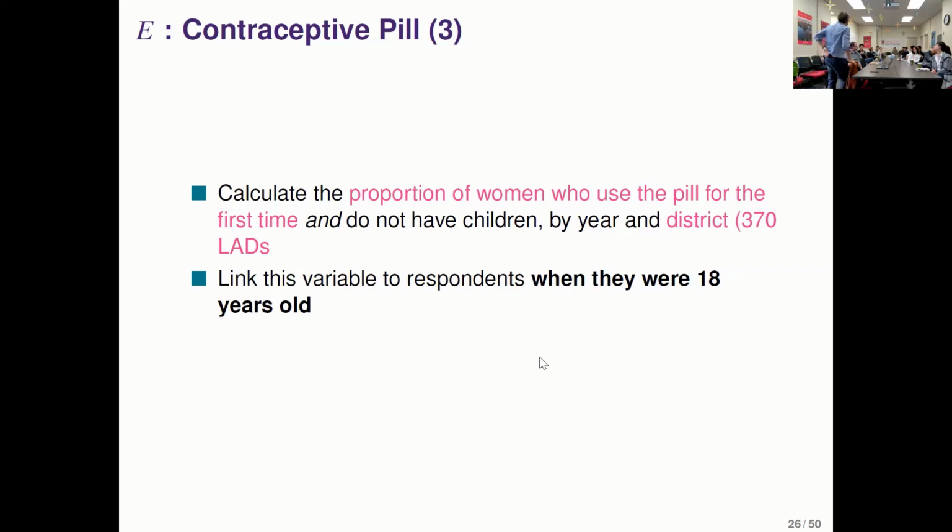Yes. Sorry, I would like to ask, are there other contraceptive services they can use before the pills are available, like condoms or any services? Yeah, I mean, yes, obviously. The condom was available and used, but the pill has the great advantage that it puts the woman in charge of deciding when.